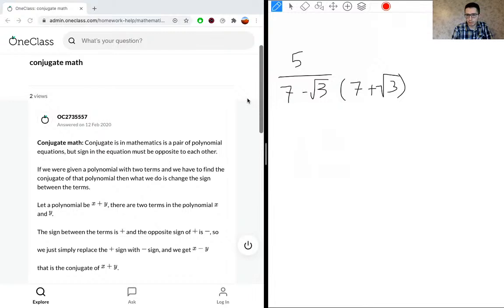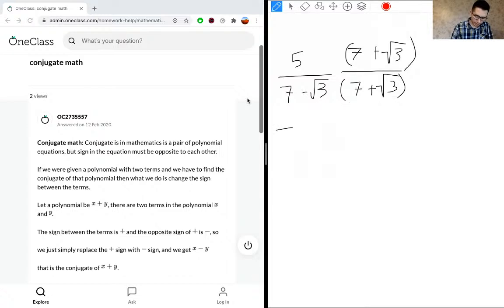And then because we're multiplying the bottom by this value, we also would want to multiply the top so we don't change the original fraction. So we'll multiply the top as well by 7 plus root 3. This is technically just 1 equal to 1, so we just multiplied the original fraction by 1. And this represents the conjugate of this.